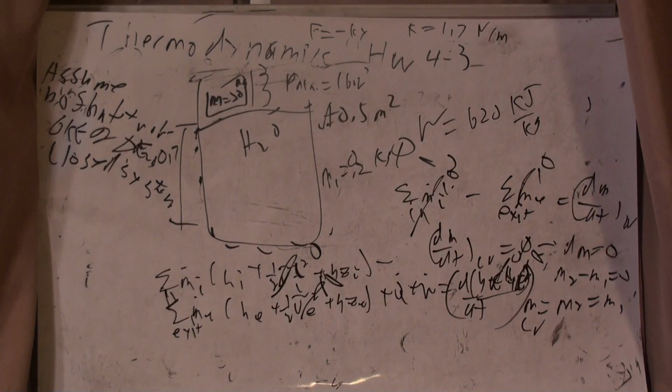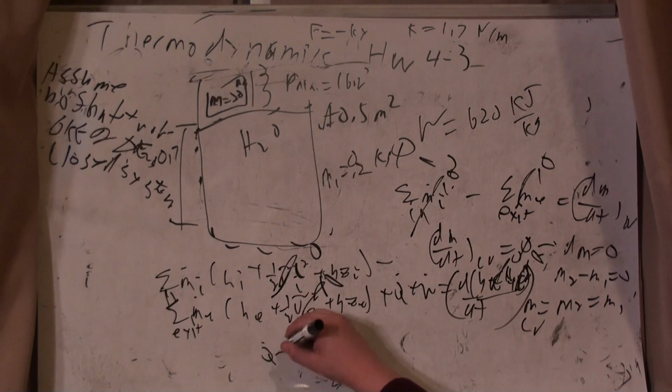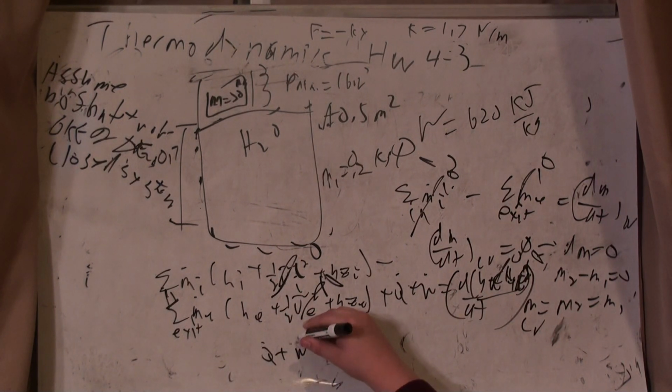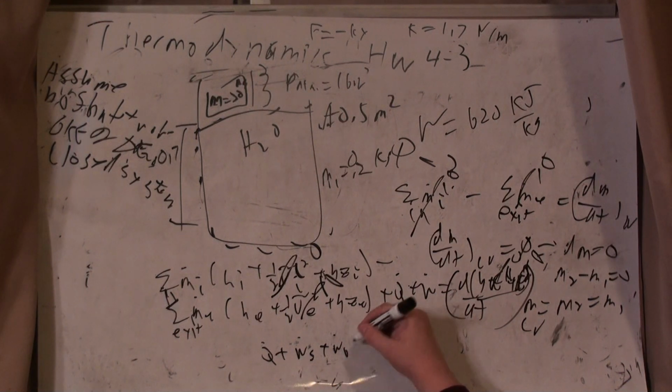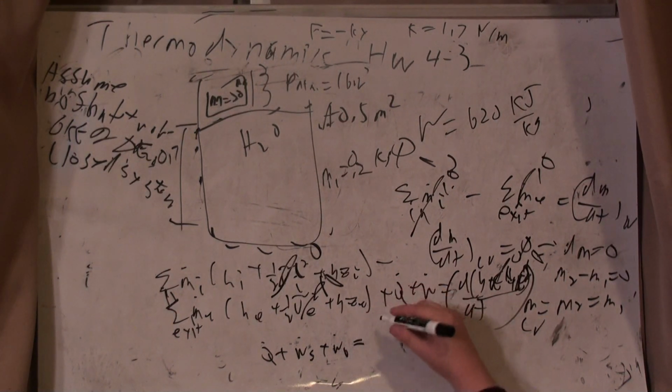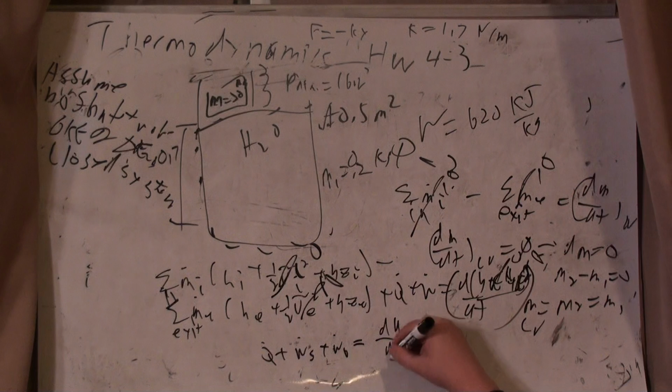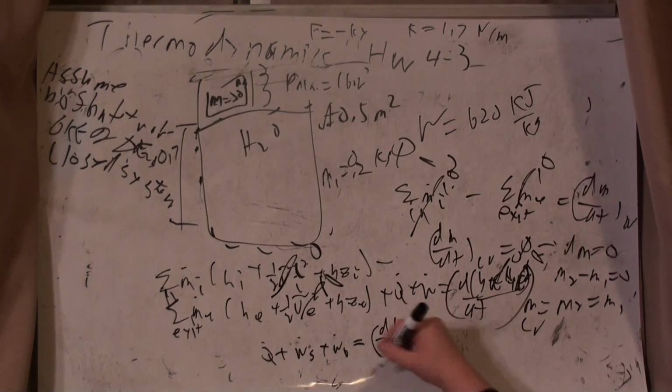Okay, so we have Q dot plus work of the spring dot plus work of boundary dot equals dU dt of the control volume. Okay, I don't care about time.